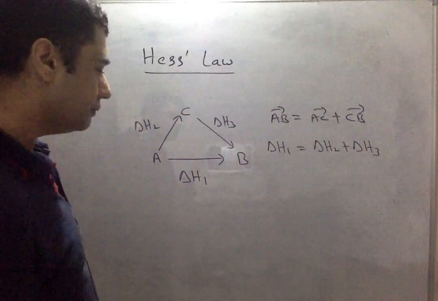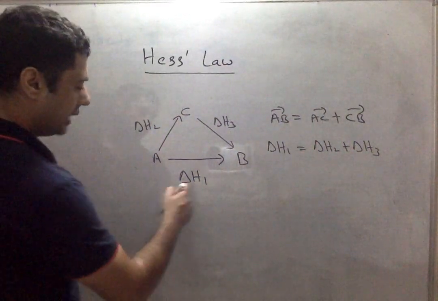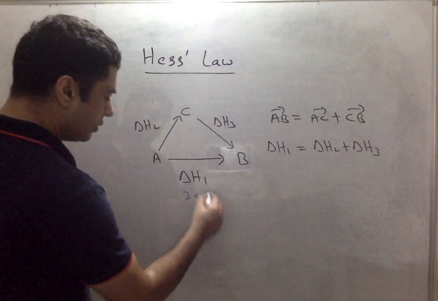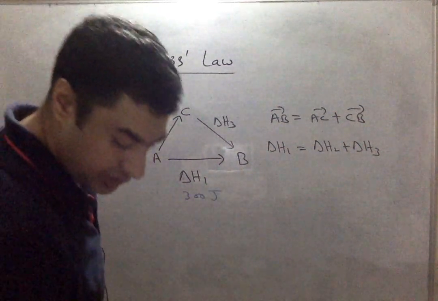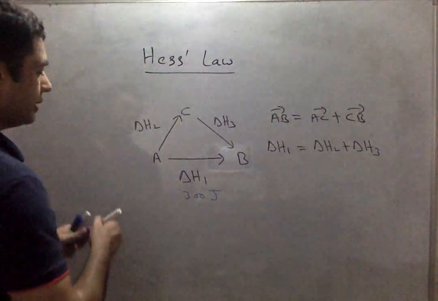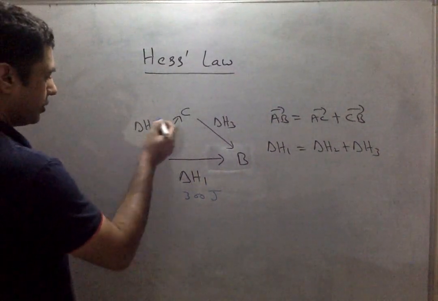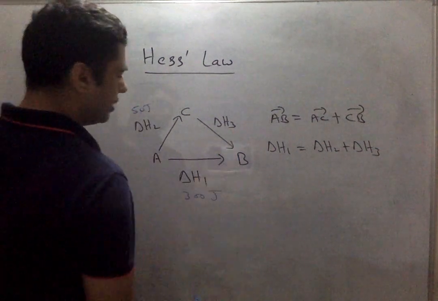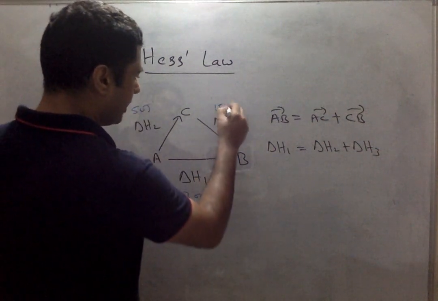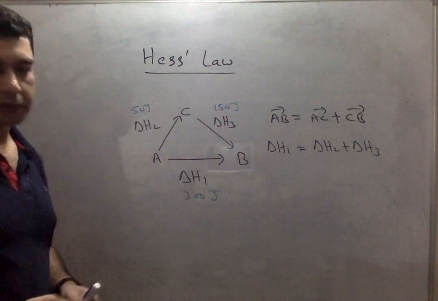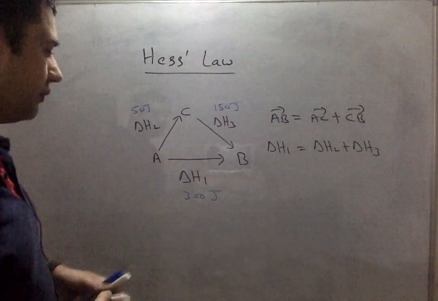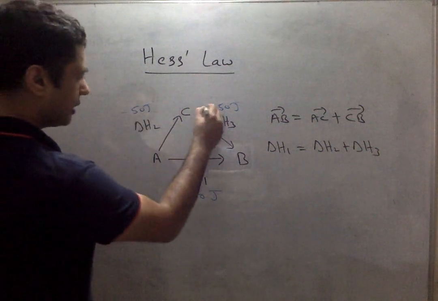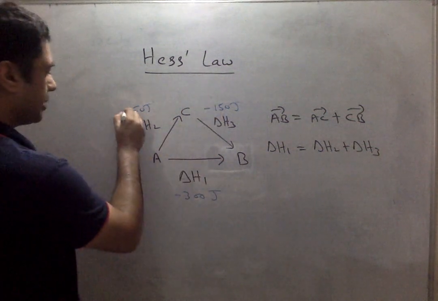So for example, let's say we have delta H1 equal to 300 joules, delta H2 equal to, suppose, 50 joules, and delta H3 equal to, let's say, 150 joules. Let's say these are negative values, negative in the sense these are exothermic processes.